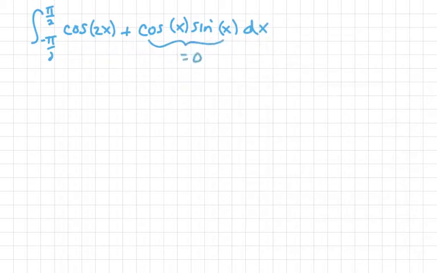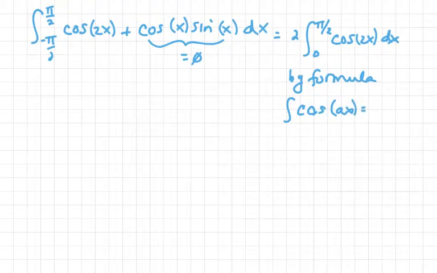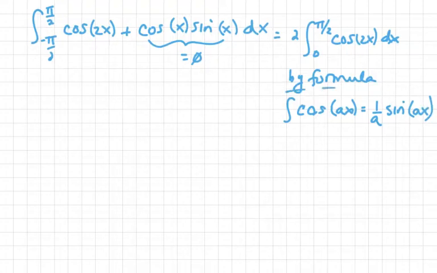So that piece is equal to 0, and I can rewrite this problem as this simple integrand. And we know by formula that the integral of cosine of ax is equal to 1 over a sine of ax. That's just by formula.